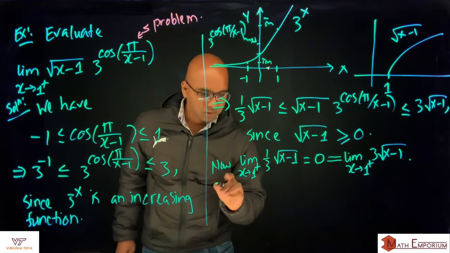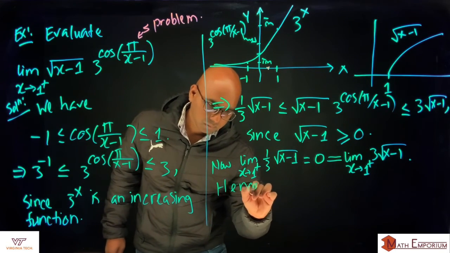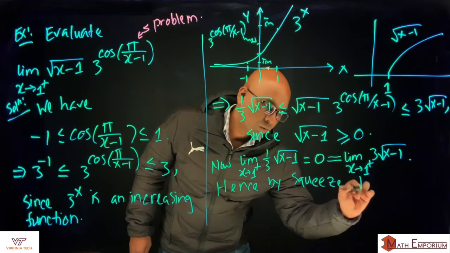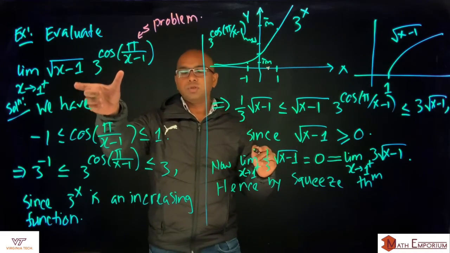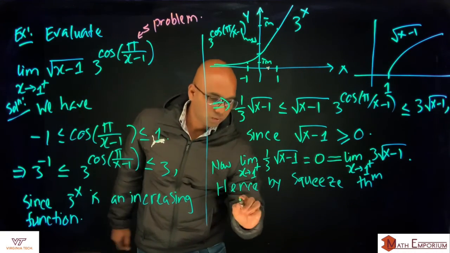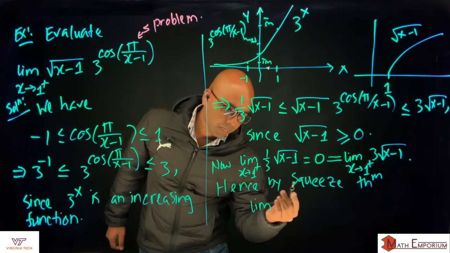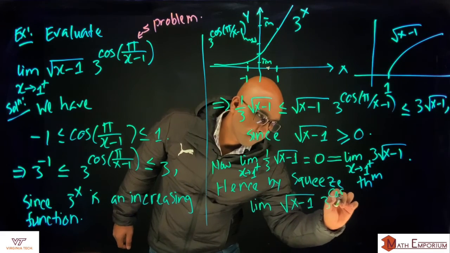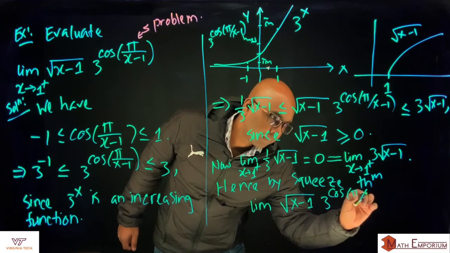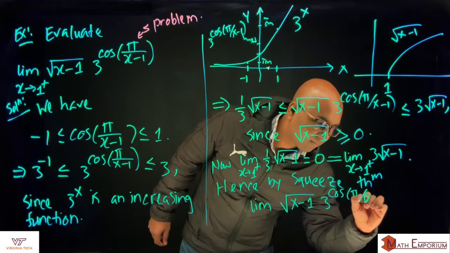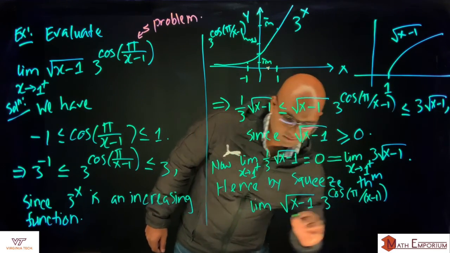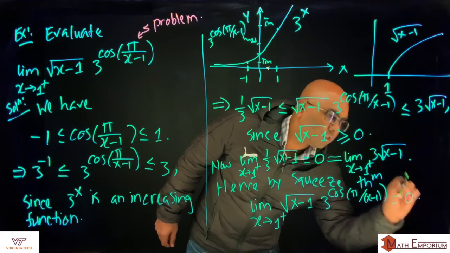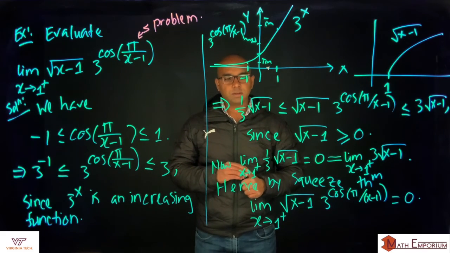Therefore, by squeeze theorem, our original function has limit 0 as x approaches 1 from the right. That's how we solve this problem.